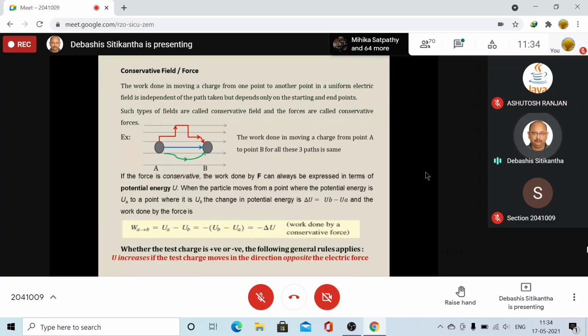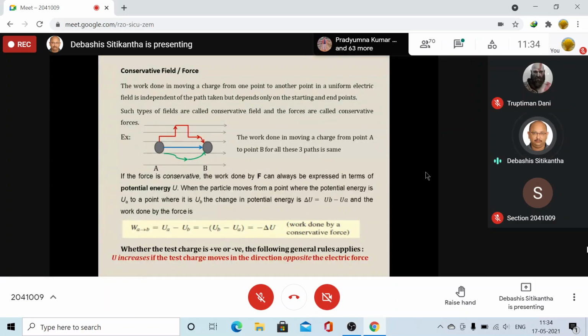Next, we learned about the potential energy, and over there, I told you that the work done in moving a charge from one point to the other, irrespective of the path followed, is equal to the negative of the change in potential energy associated with the initial and the final points.